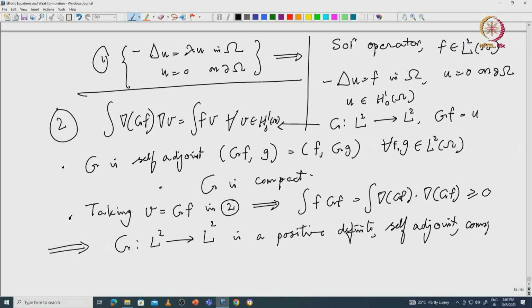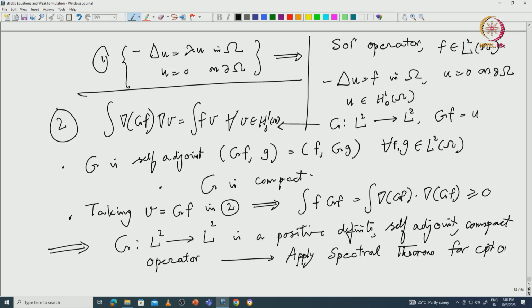You see, all nice things which you require. So, apply the spectral theorem for compact operators.